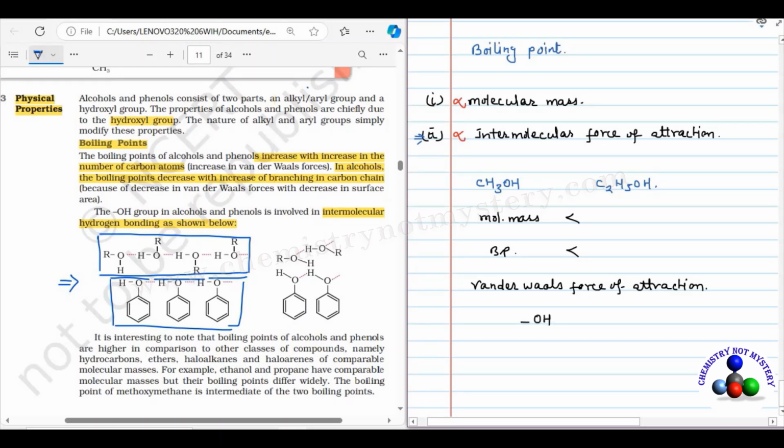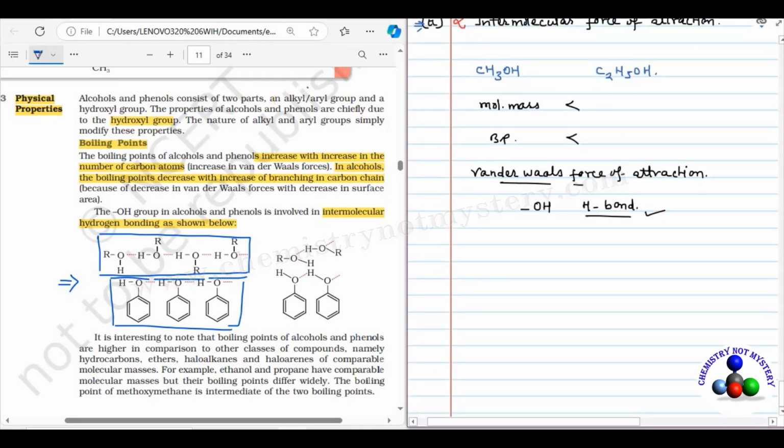Because of the presence of the OH functional group, these molecules have hydrogen bonding. So in addition to van der Waals force of attraction, alcohol and phenols have hydrogen bonding. Due to the presence of this additional force of attraction, which is hydrogen bonding, alcohol and phenols have higher boiling point as compared to the alkanes.